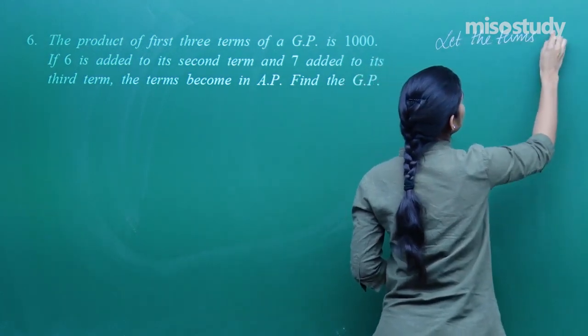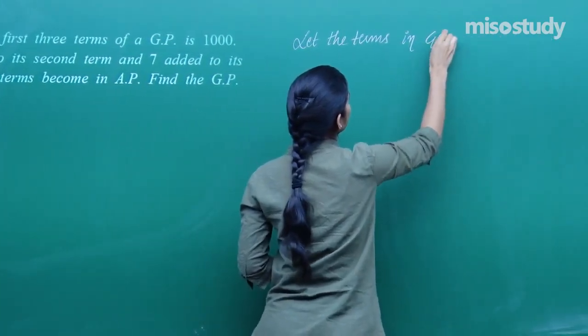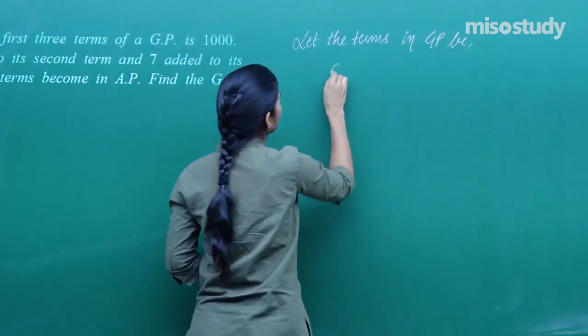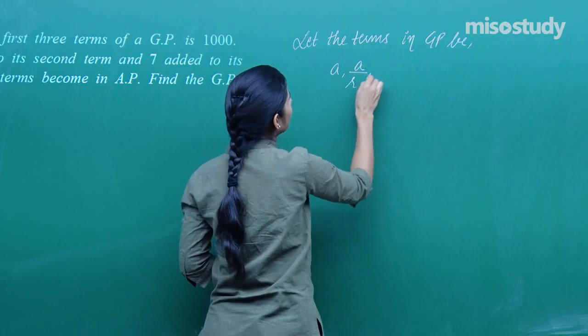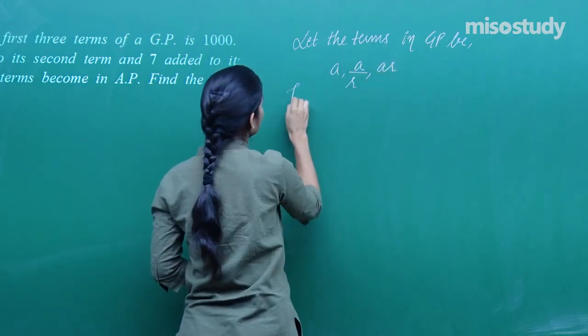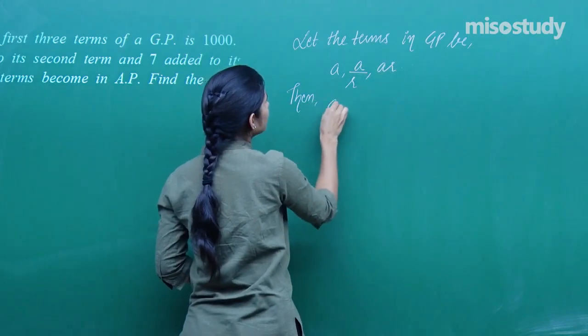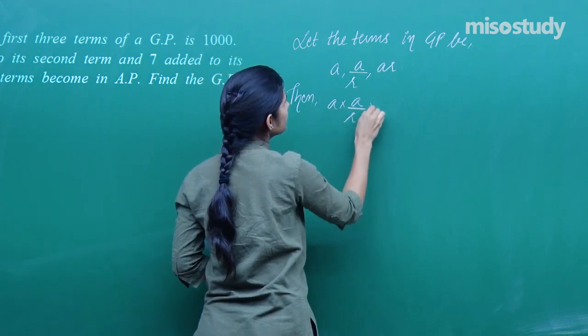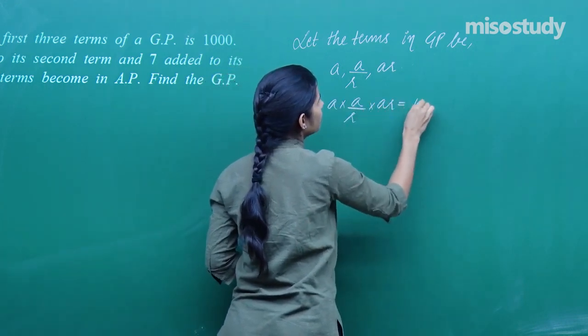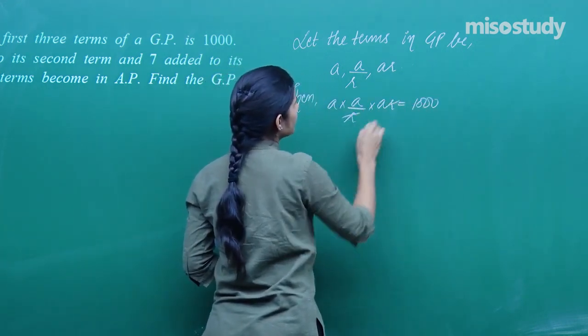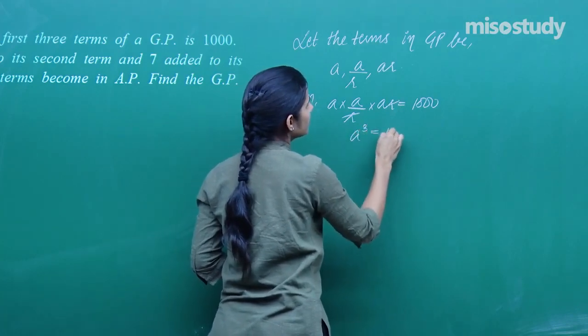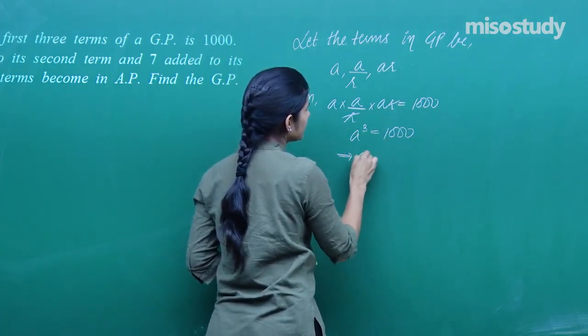of a GP. Let the terms in GP be A by R, A and AR. It is given that the product of these 3 terms is 1000. R, R cancels out, you get A cube is 1000, which implies A is 10.